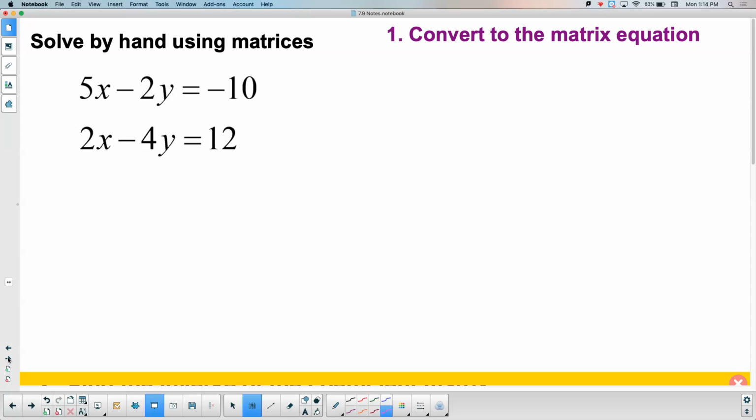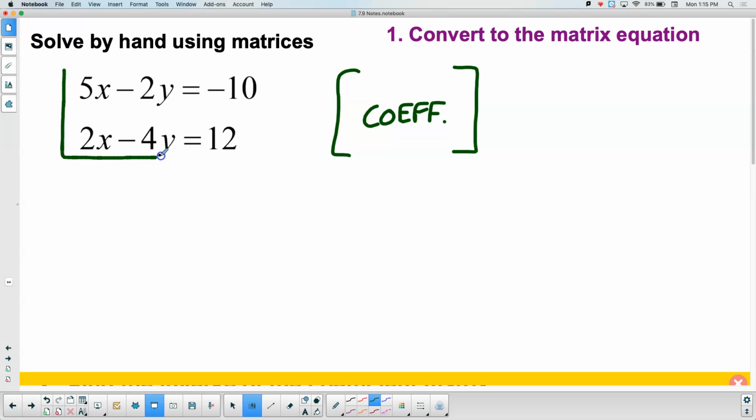The first matrix is your coefficient matrix. You take all of your coefficients and put them in matrix form: 5, -2, 2, -4.